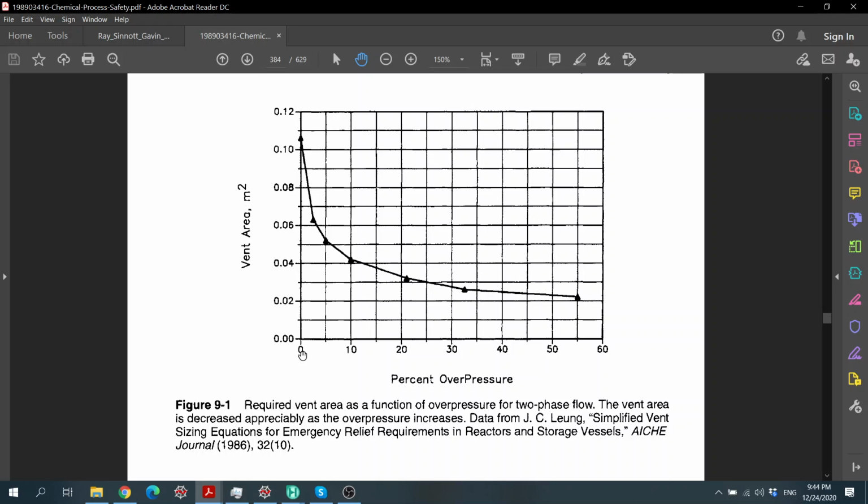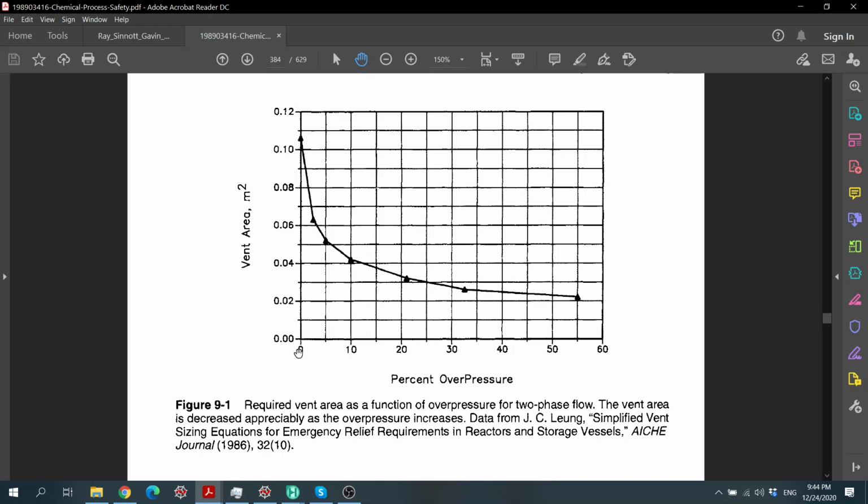If you let the pressure increase by 10% of the maximum operating pressure, the corresponding vent area, the orifice of the PSV, is going to be smaller than if you release it exactly at the maximum operating pressure.